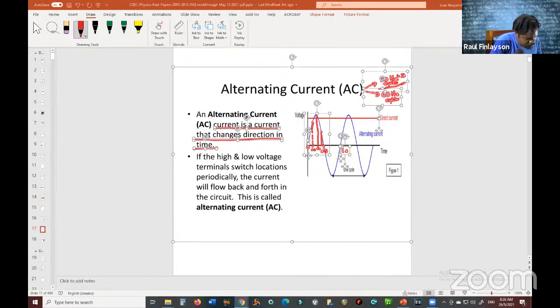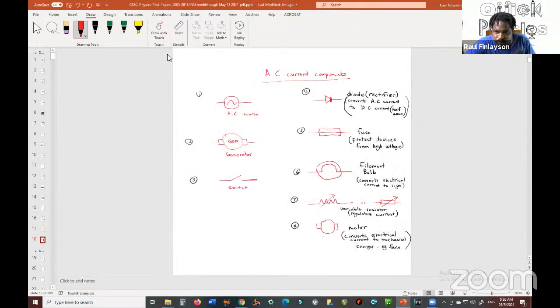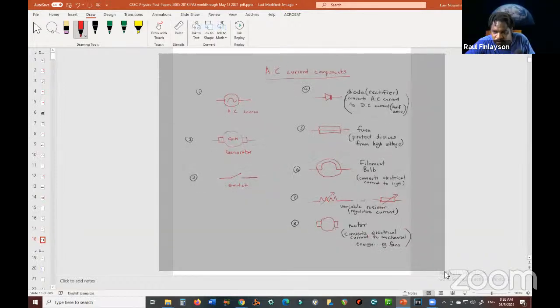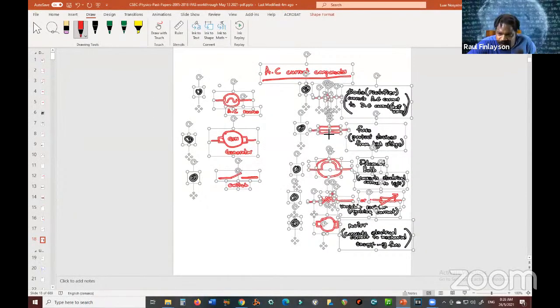AC current definition. All right. And then of course there was the AC current components.